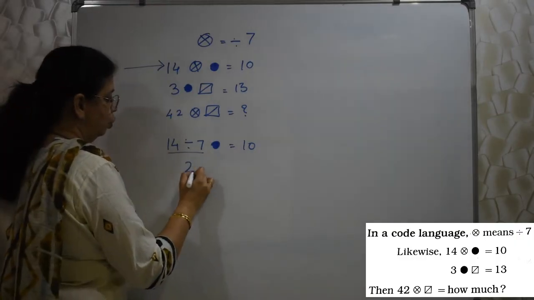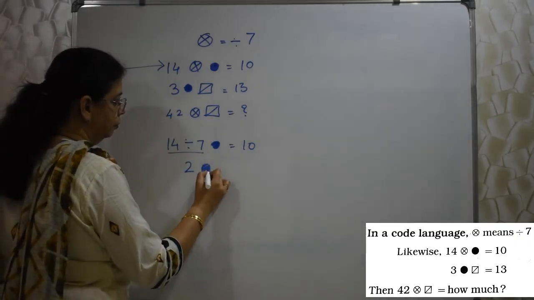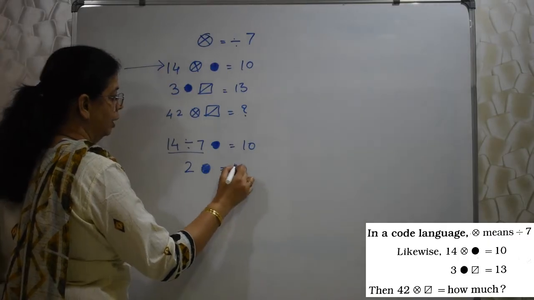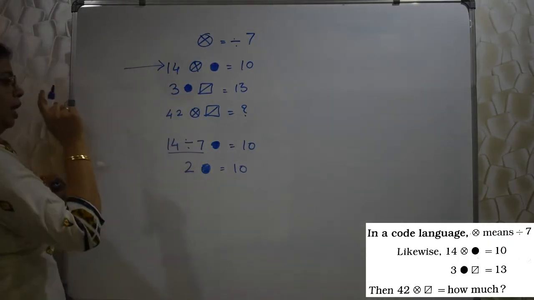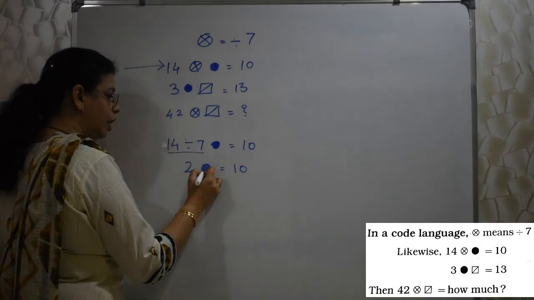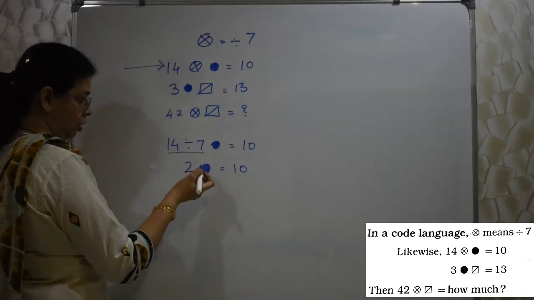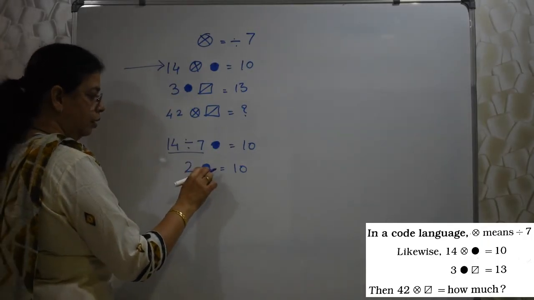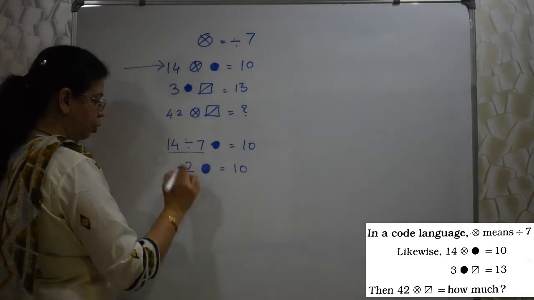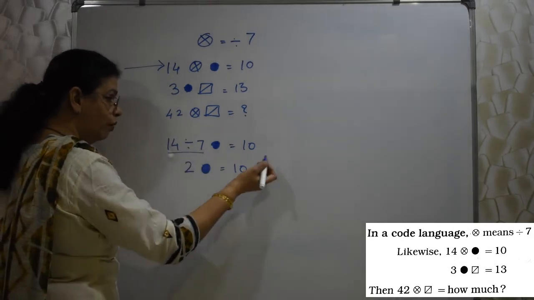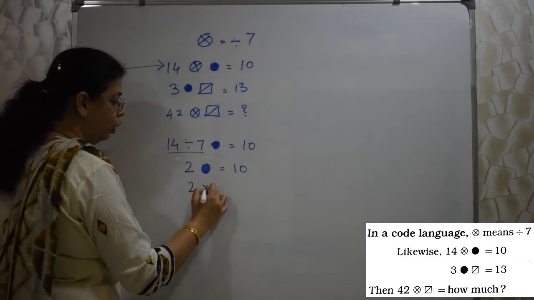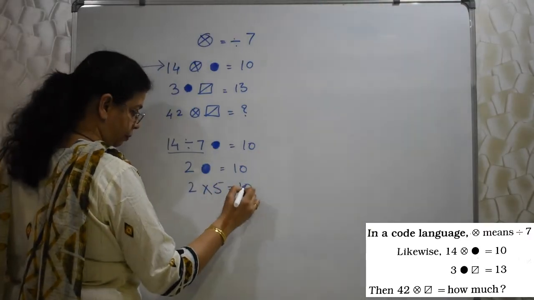So its value is 2 and this is equal to 10. Since they have used division, I will assume now multiplication. This means multiplied by something. 2 into what will give me 10? 2 into 5 will give me 10.